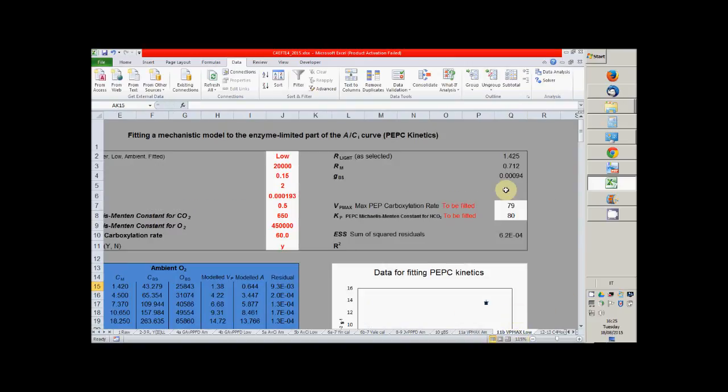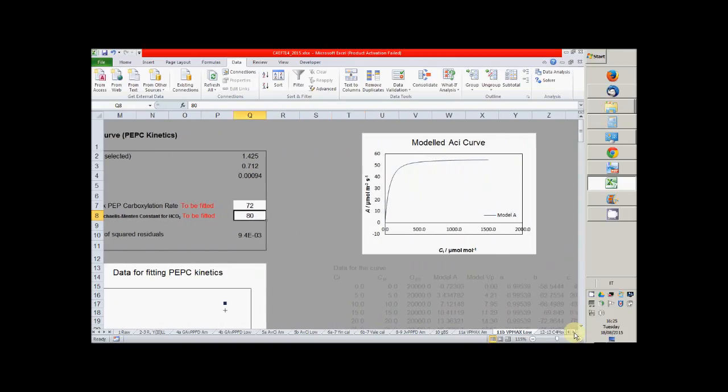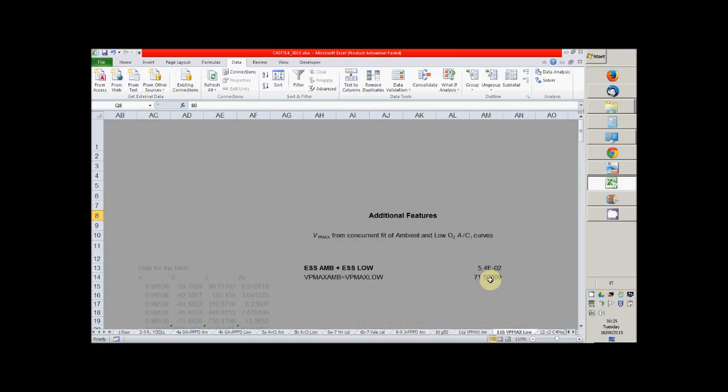In sheet 11B, in cell Q7, we may type the same formula, equals Vpmax ambient Vpmax low. Now the two sheets are linked, and in particular they are linked to this value of Vpmax ambient Vpmax low in cell AM14.